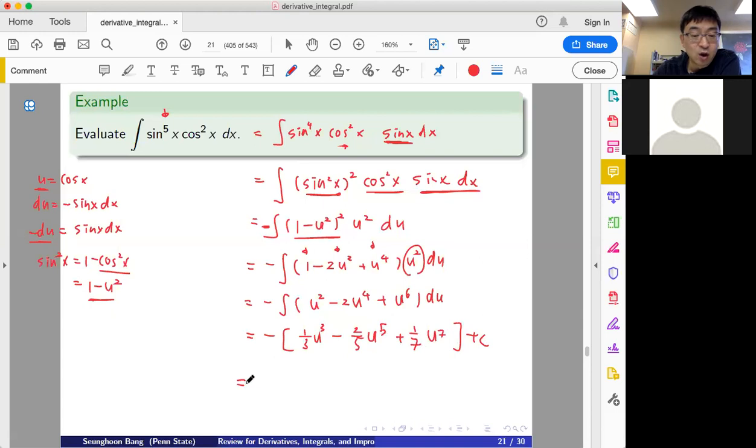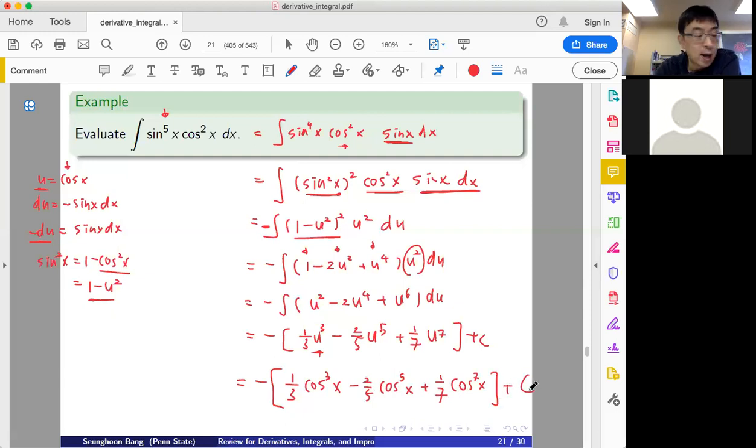The last step, you have to change back. u is the cosine function. The final answer is 1/3 cosine cubed x minus 2/5 cosine to the power 5 of x plus 1/7 cosine to the power 7 of x plus c.